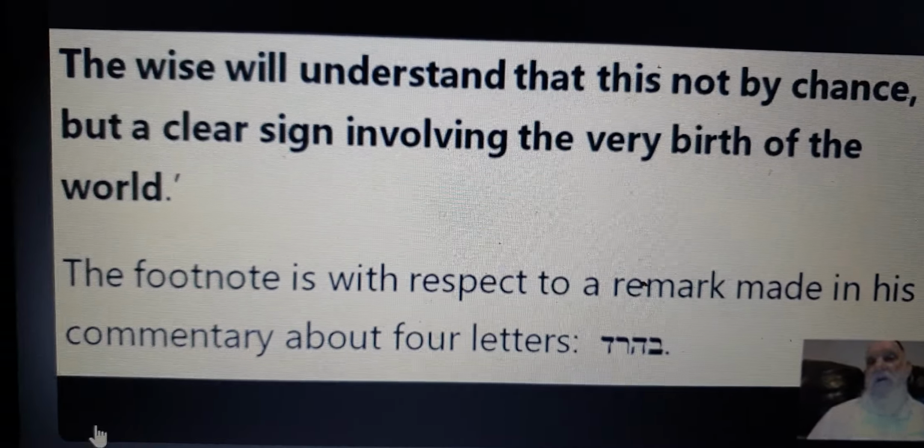What are the indications? Bet, the gematria of Bet is 2. So it indicates the 2nd day, Monday. The letter Hey, gematria 5. This is the 5th hour. And the Resh Dalet 204.